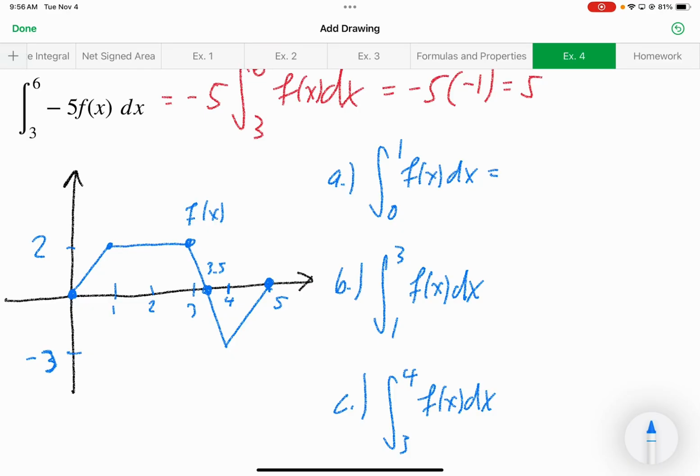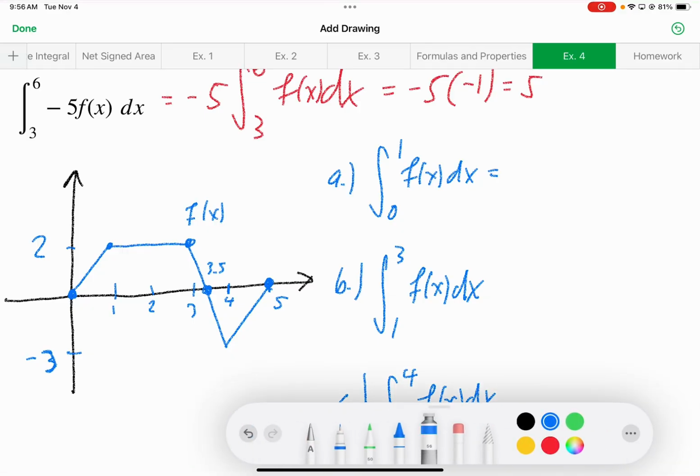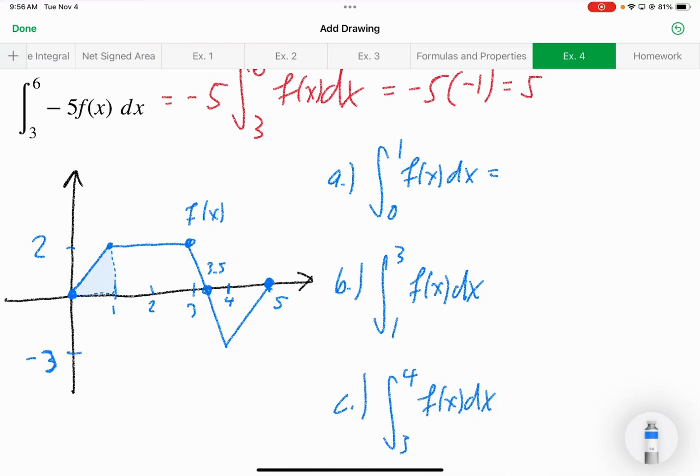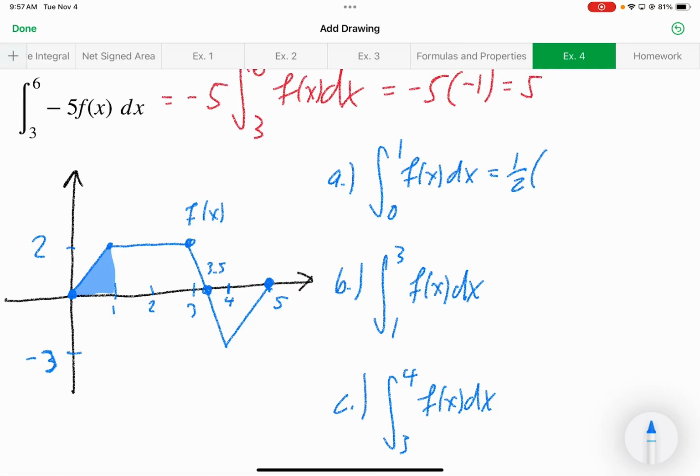Okay, so integral from 0 to 1 of f of x dx. What am I doing? Triangle, right? So that's this part right here. Okay, so 1/2 times my base of 1 times my height of 2, giving me an area of 1.